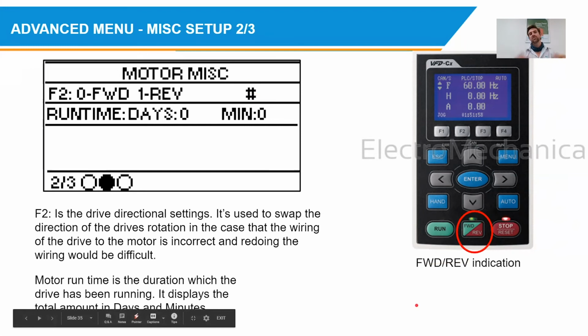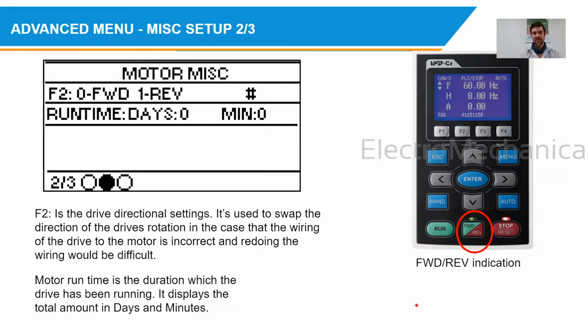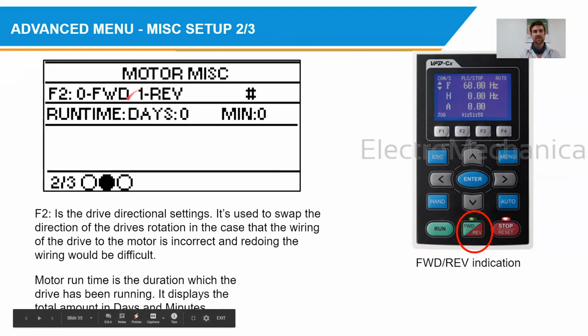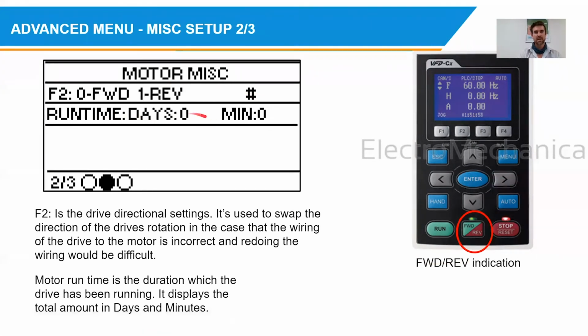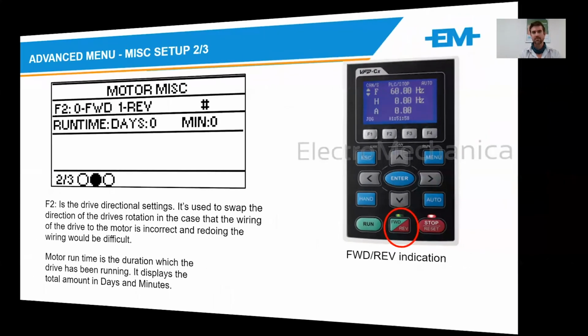You can obviously also swap your UVW phases around to change the direction, but depends on the gauge of the cables, how easy that is going to be or not. So we can swap the direction over here. Also, we've added a runtime display, so you can note of how many days and minutes the system has been running for. Nice for perhaps maintenance purposes.